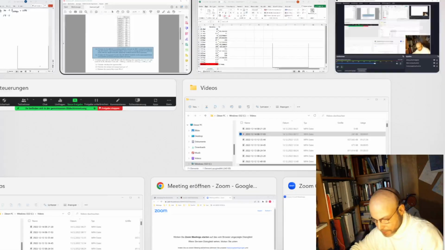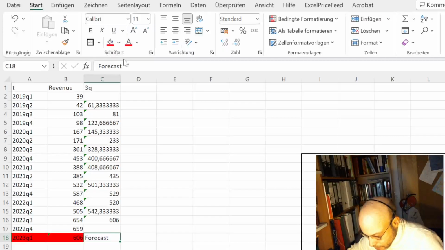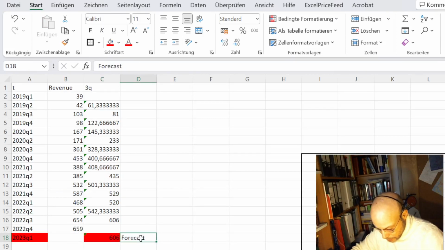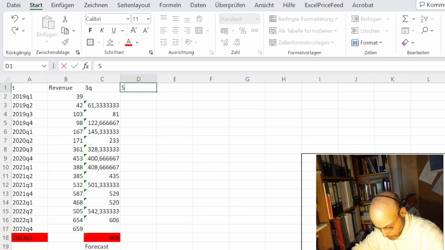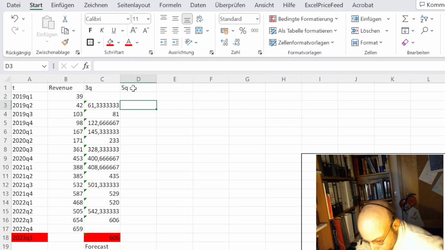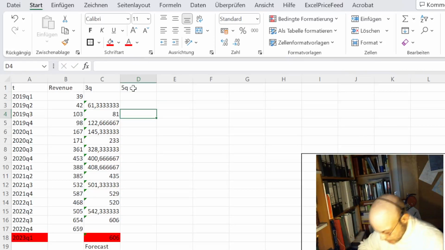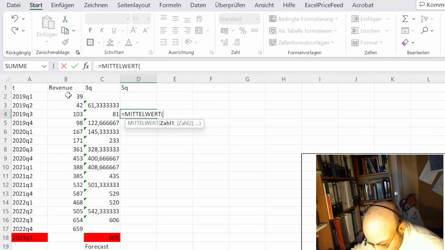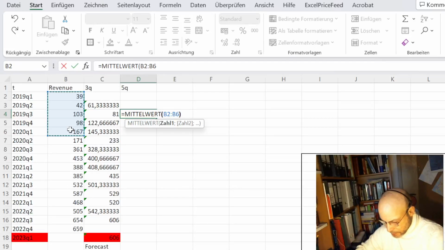What would be 5 months? Oh, sorry. Let's do this one like this, and the 5 quarter forecast. Then we need the first 5 values of our data. So from 39 to 167.